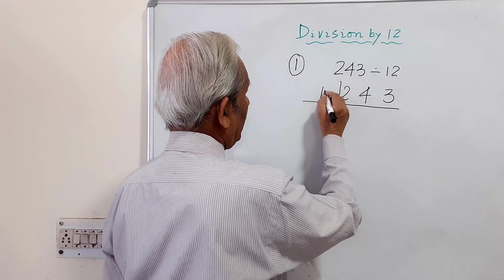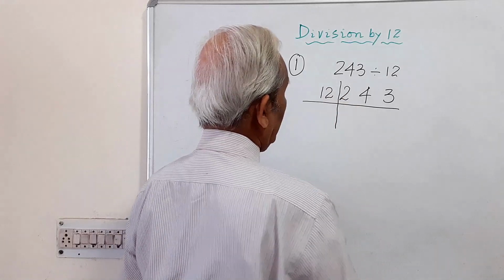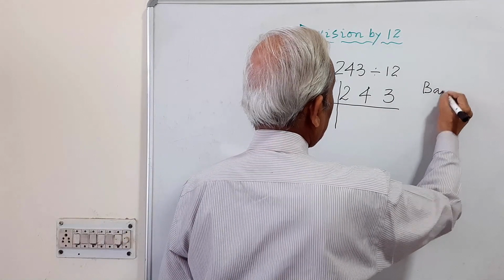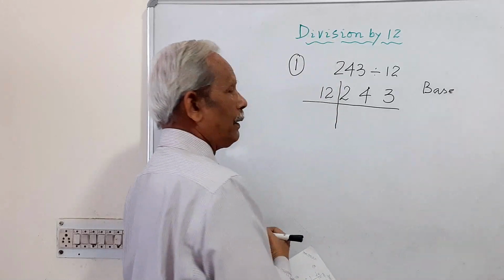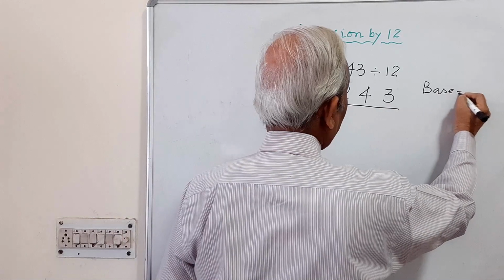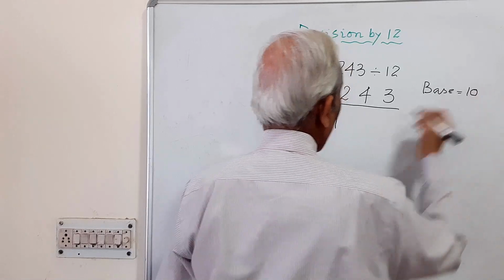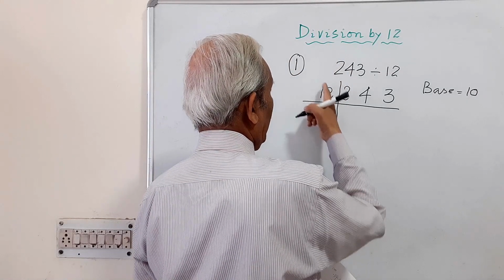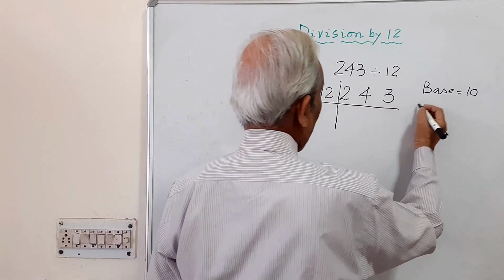Write your 12 here. This is the division by base method. The base is 10, and we have to find the difference of the base from this divider 12. How do you find it?